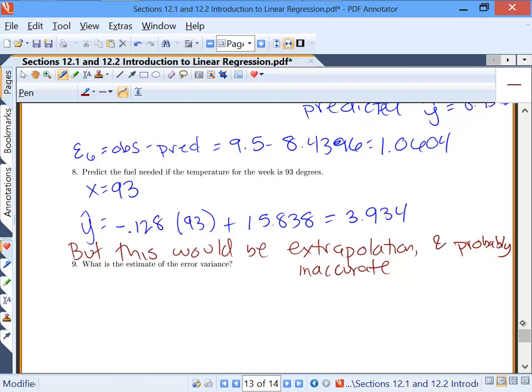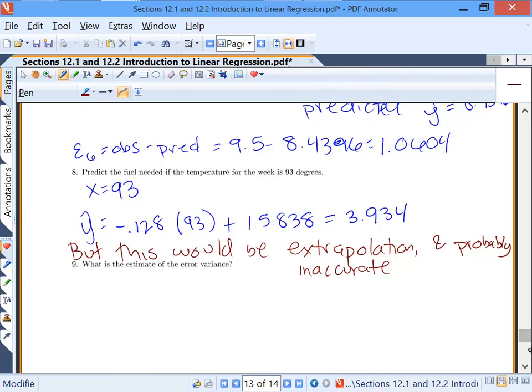If I go all the way up to 130 degrees, so here in the middle of the desert, we actually get a negative fuel consumption. And at that point, are they ever going to start just doing fuel for no reason? The negative fuel consumption? Probably not. So you can see if you go far enough up, sometimes you also get unrealistic answers, like negative fuel consumption, things like that. But even at 93 degrees, we don't think we should be using any fuel consumption, so this probably was extrapolation.